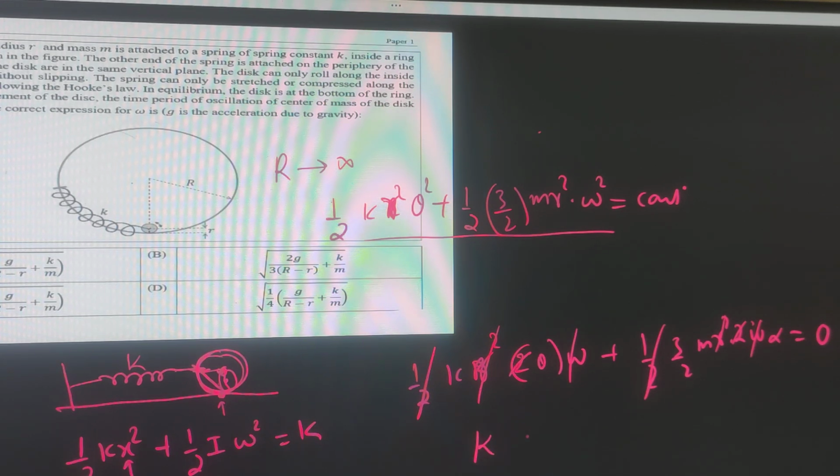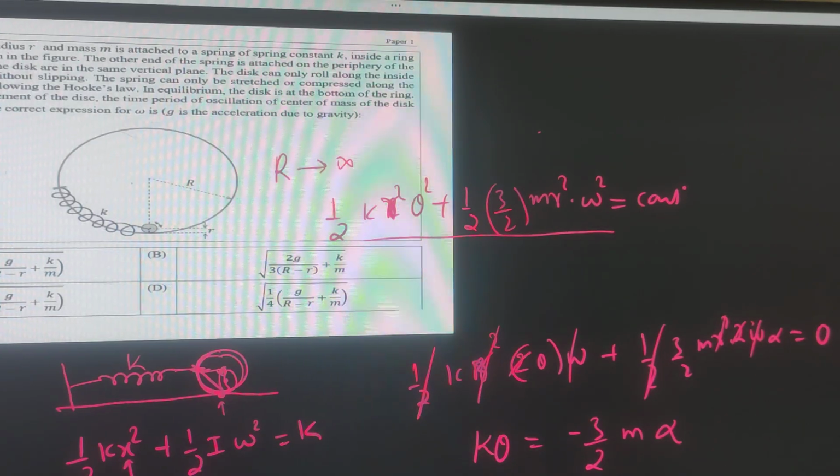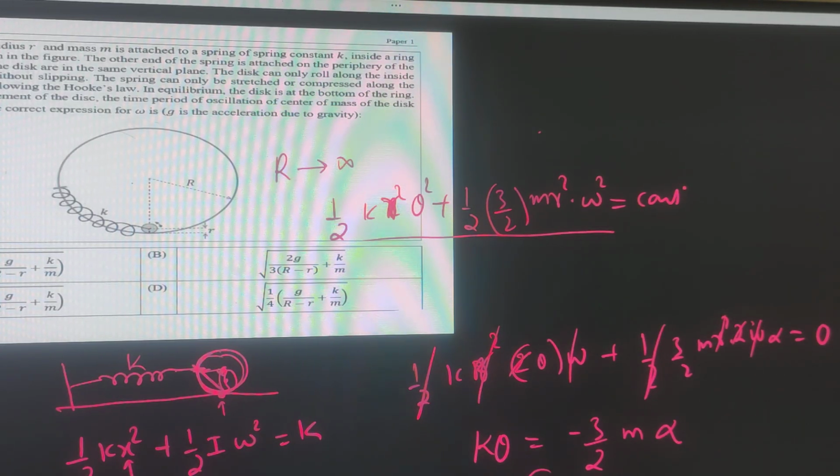So k theta is equal to minus 3 by 2 m times alpha. From here I am getting alpha as 2 by 3 k by m into theta. So here omega will be under root of this, and the 2 by 3 factor is with k by m.